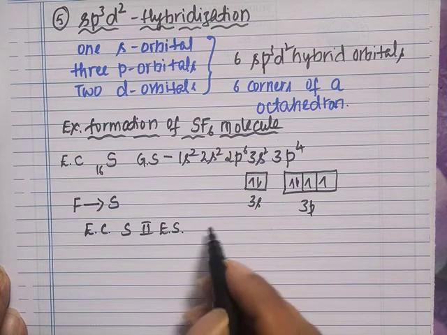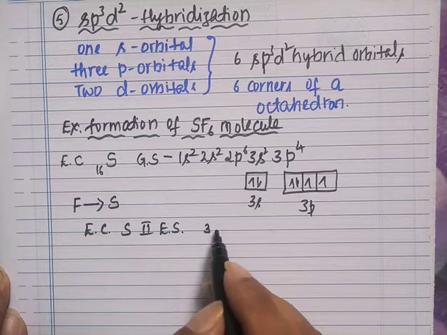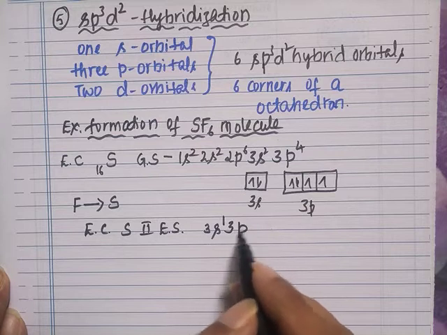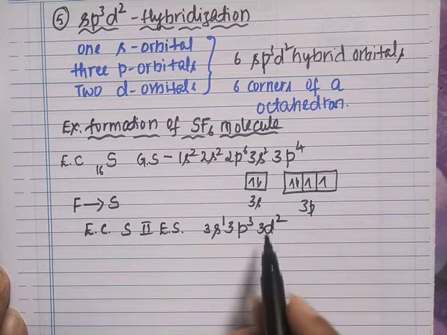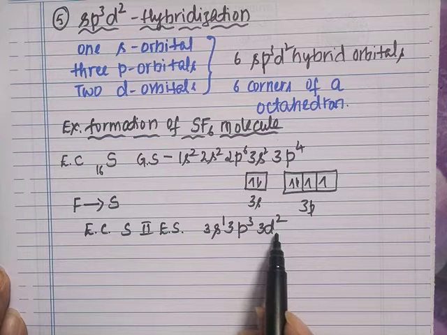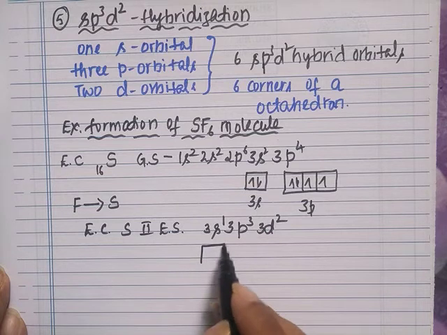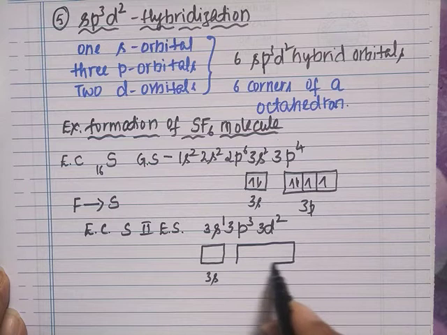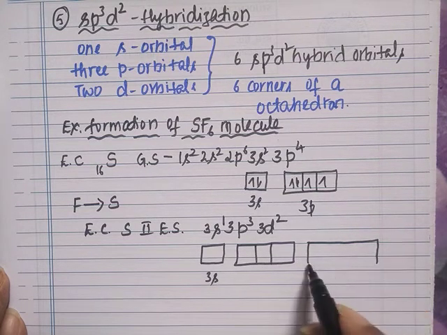So in the excited state, the electronic configuration of sulfur will be 3s1, 3p3 and 3d2. One electron from the 3s and one electron from the 3p get promoted into the 3d orbital. So now the 3s, the 3p and the 3d orbitals.